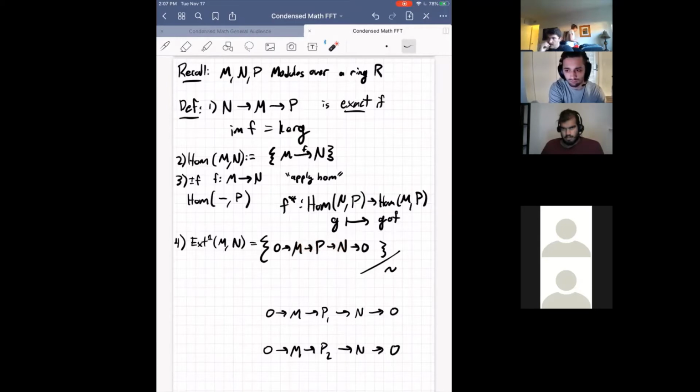And this Ext is a group, even a module. So we're considering equivalence classes of these. And what's the equivalence? The equivalence is commutative diagrams that look like this, where these two maps are the identity, and this is an isomorphism.